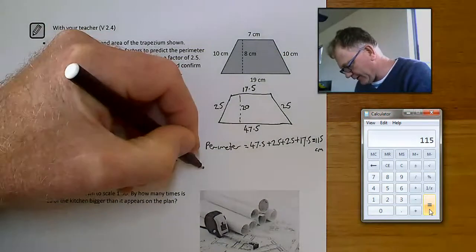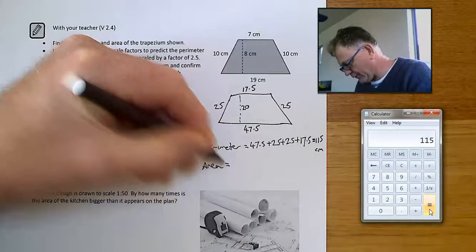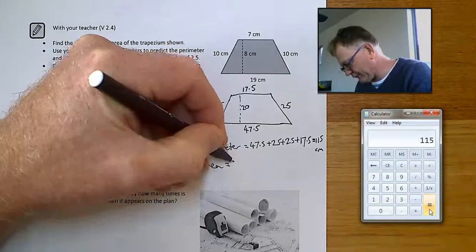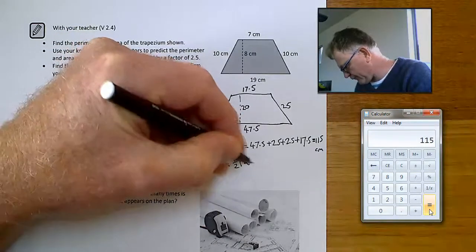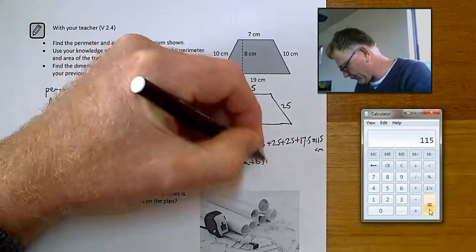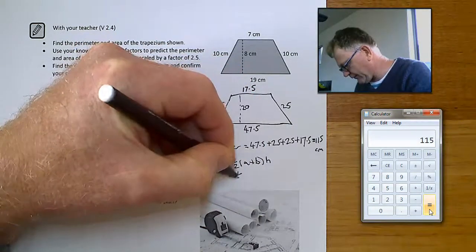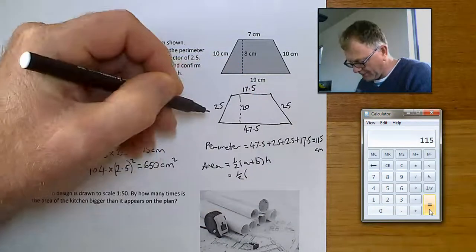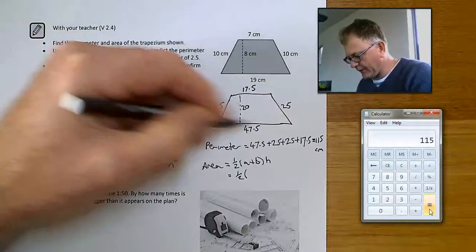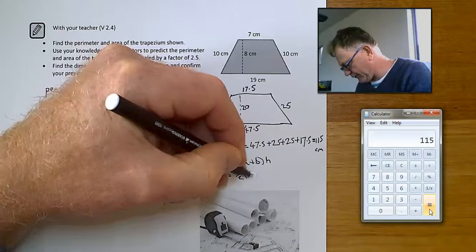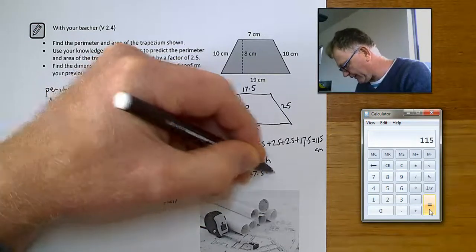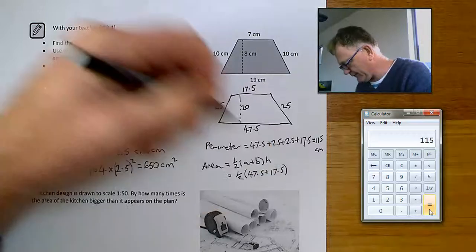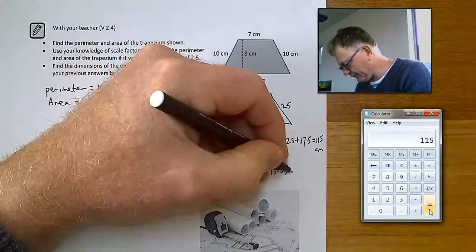And for the area, we're going to use the formula now to do it. So it's a half of the two parallel sides added together, 47.5 plus 17.5, times the distance in between them, 20.